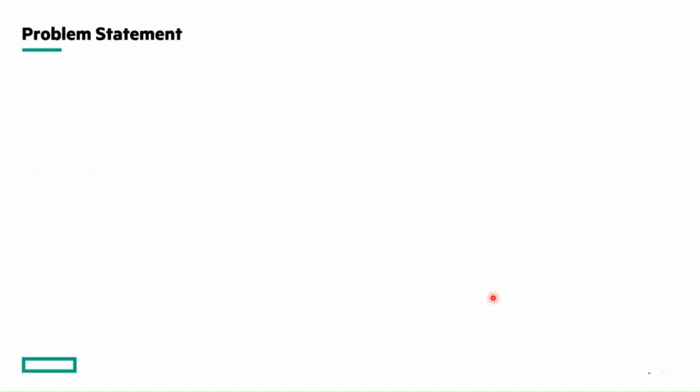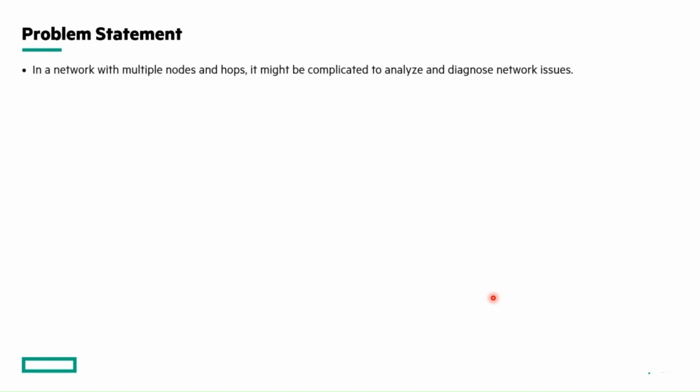Let us now look at some use cases of IFA. Let us first understand the associated problem statement. In a network with multiple nodes and hops, it might be complicated to analyze and diagnose network issues.